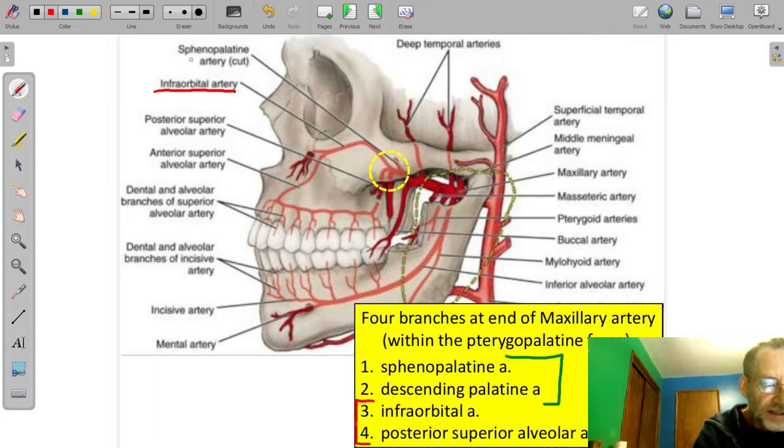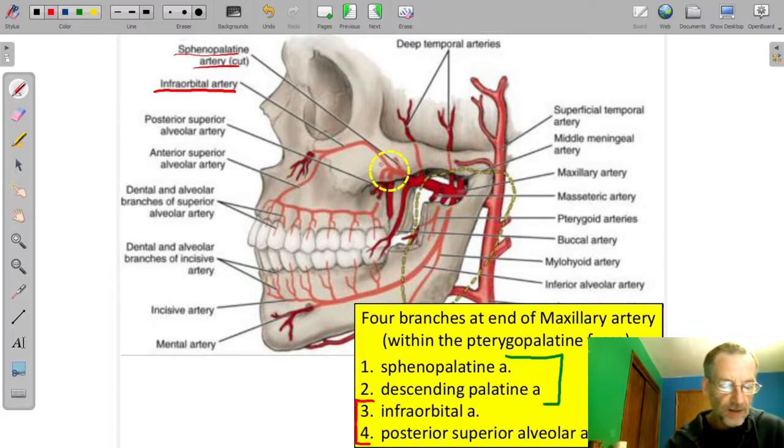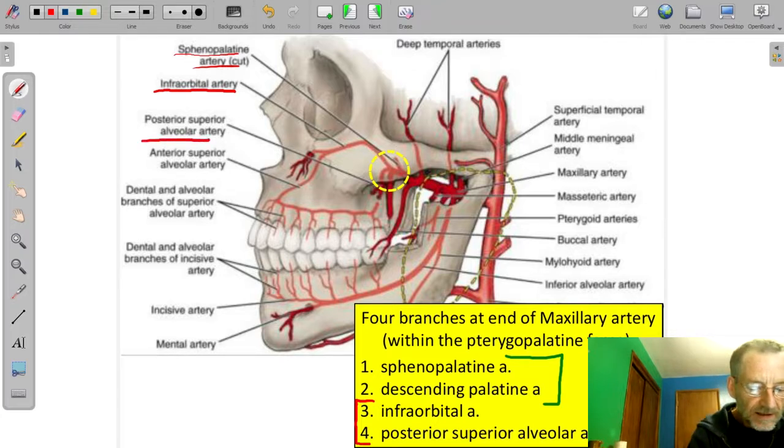So here is the Sphenopalatine artery. It's shown, it's just been cut, so they're not showing very much of it. And then the IO, and then we have the PSA, and we have the descending Palatine, which isn't labeled, but it is here.